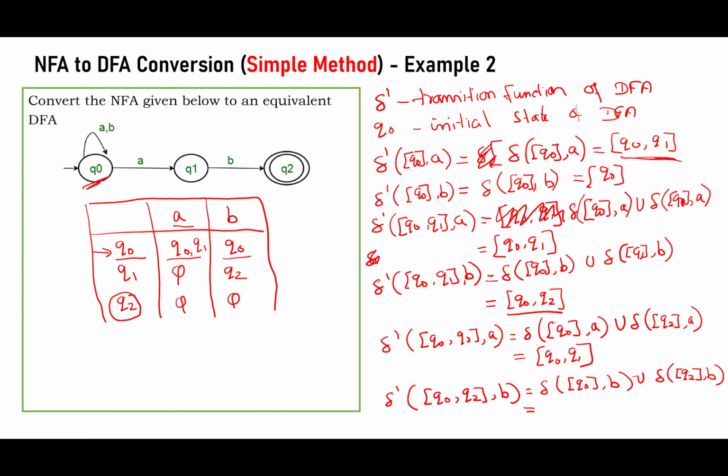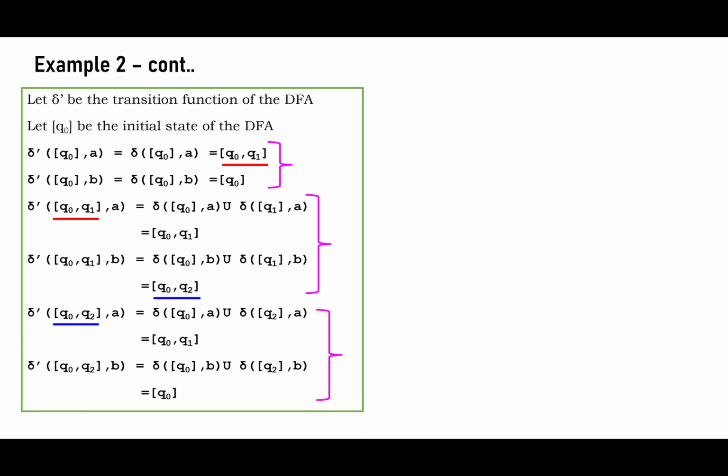It is q0. Then what is q2 comma b? It is q2. So it is q0 q2. This state is already available, so further there is no new state. So we can stop the transition, and we can draw the table and the diagram.